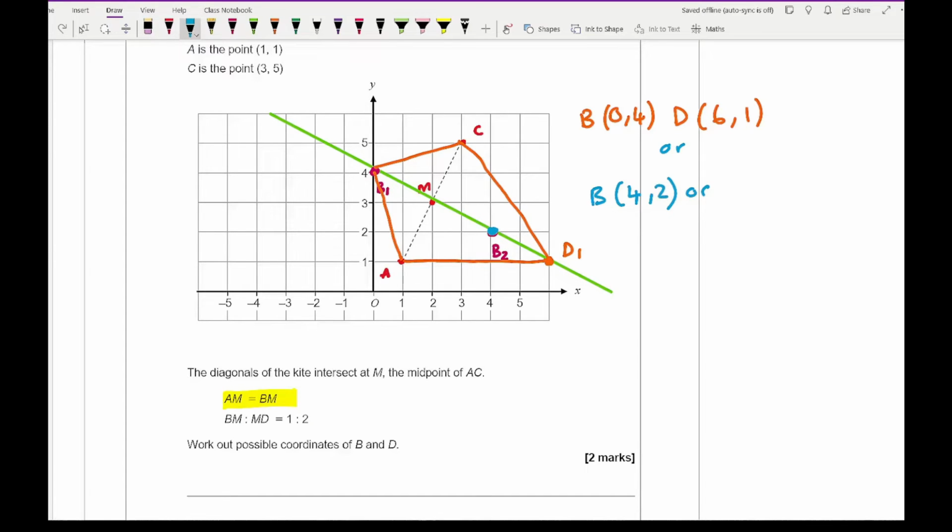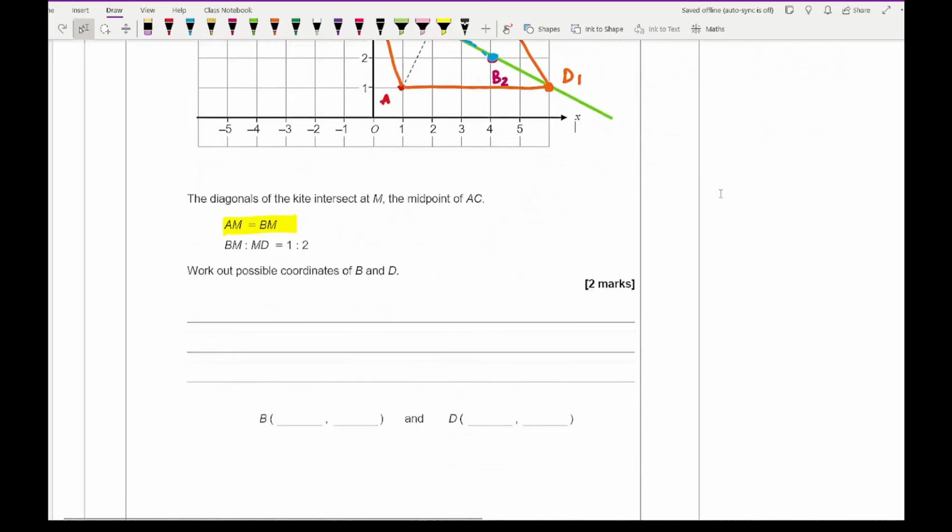And D would therefore be, well, if that's 2 squares there, then looking at 4, that's going to be here. So that's going to be D2. And so D is going to be -2, 5. So there's 2 possible sets of answers you can give for this particular question, depending on how you're interpreting the question.